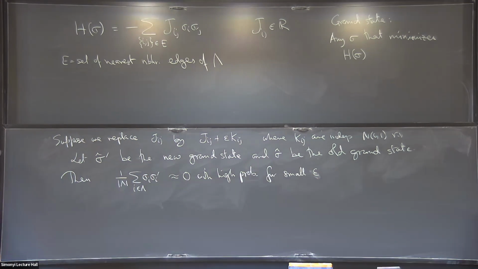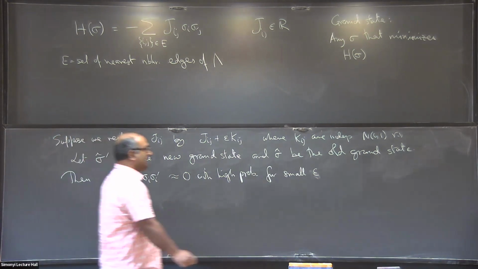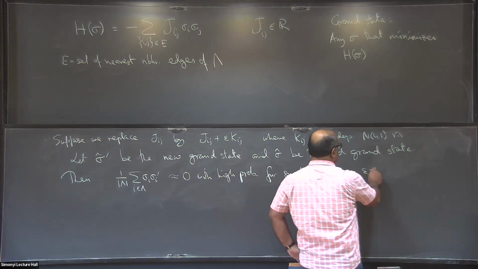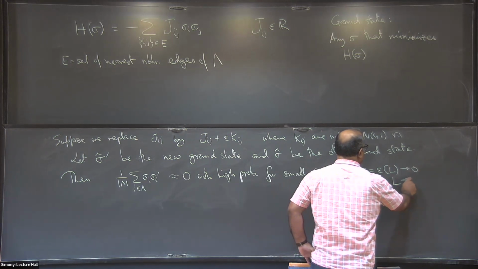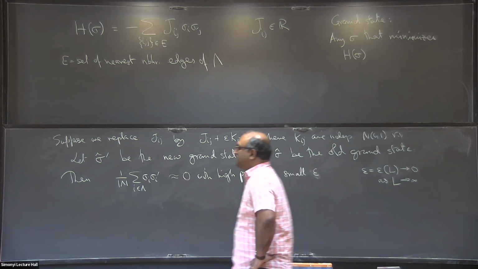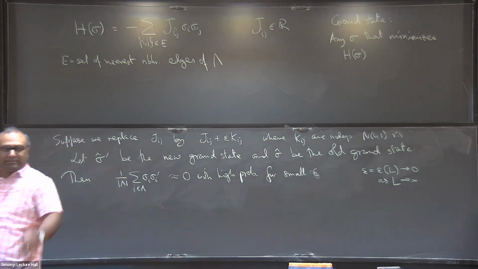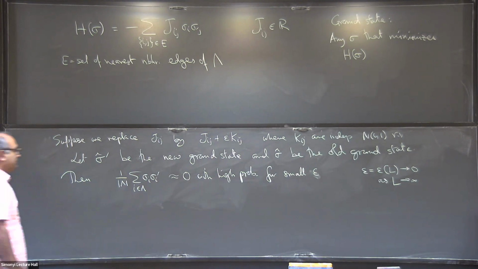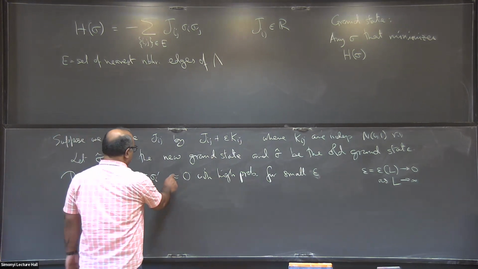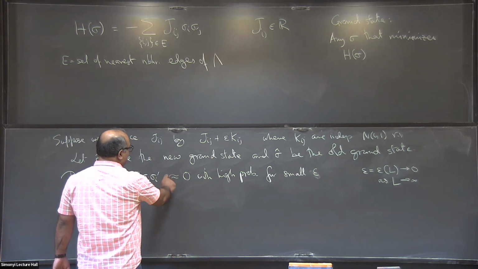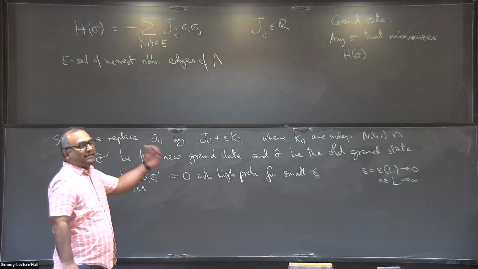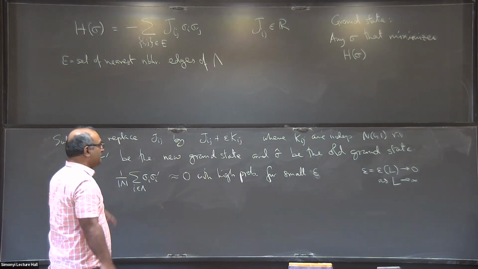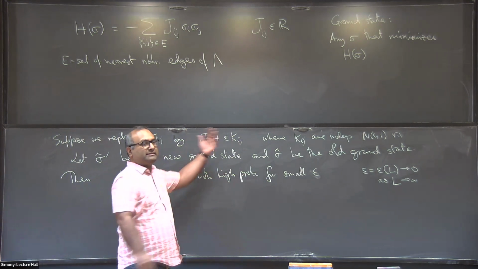So this says that you can choose. Small here means that epsilon is some function of L which goes to 0 as L goes to infinity. So you can choose epsilon decaying with the size of the box, so that this overlap is close to 0, meaning the difference is less than something that goes to 0 as L goes to infinity, and high probability means that the probability tends to 1.